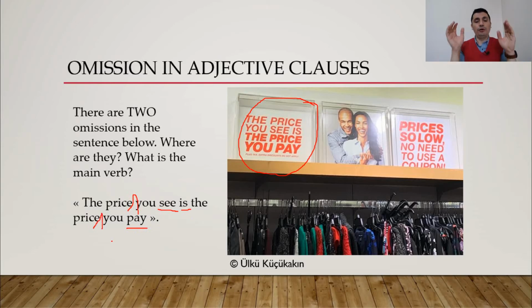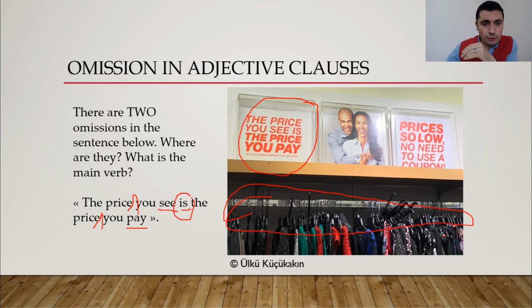So here, the price that you see on the price tag, on the clothes, that is the price that you pay. You don't pay more, you don't pay less. That's it. All right? So the price that you see is the price that you pay, and is our main verb here, the verb in this sentence.